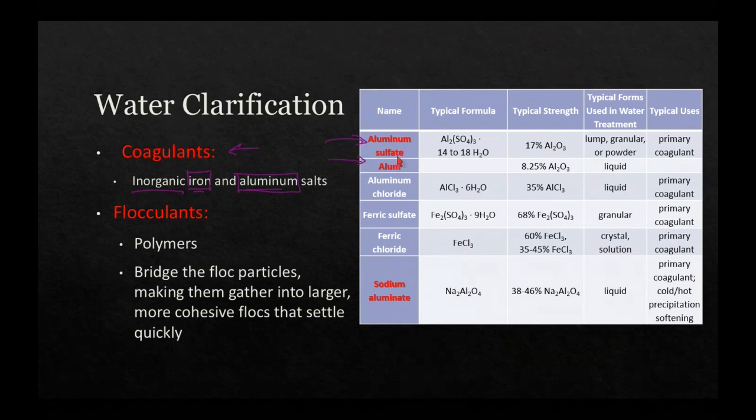And I do believe that aluminum sulfate is alum, but if we're talking about the concentration, aluminum sulfate itself, we're talking about 17% Al2O3. Oh, aluminum oxide. That must be a typo. Or 8.25% is alum. But anyway, this is an important one.